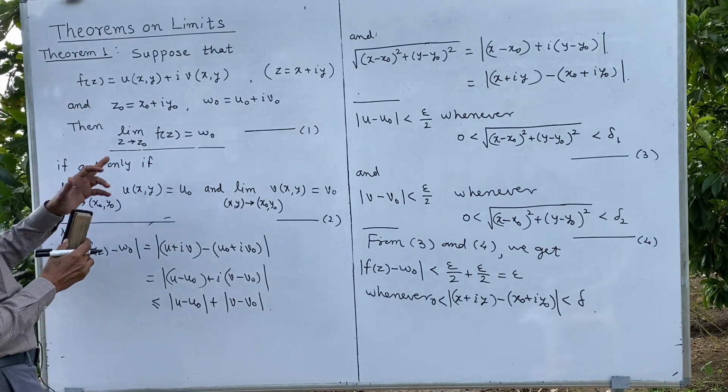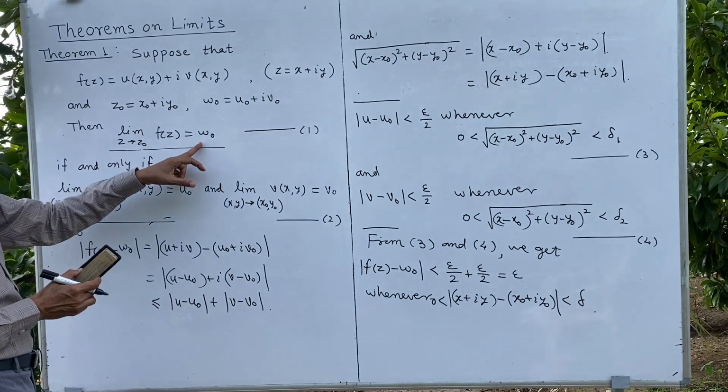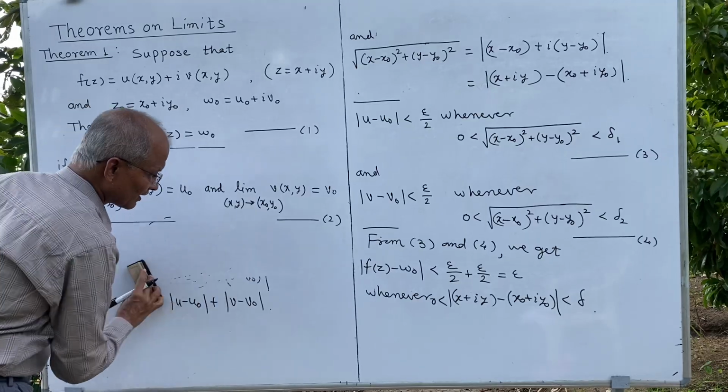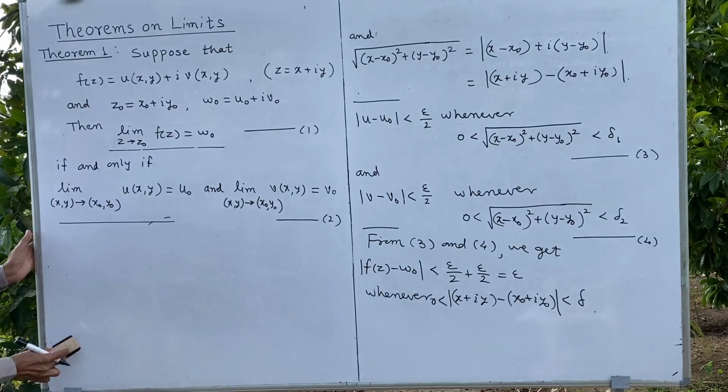This shows that limit of f of z is equal to w naught as z tends to z naught. So, this proves statement 1.